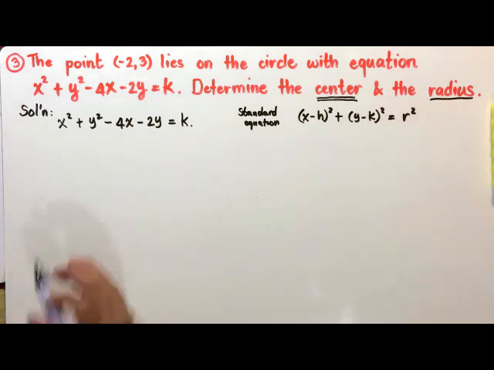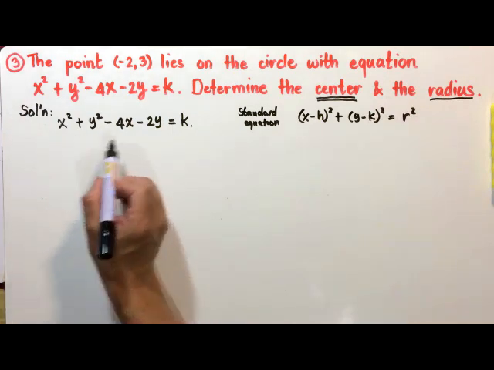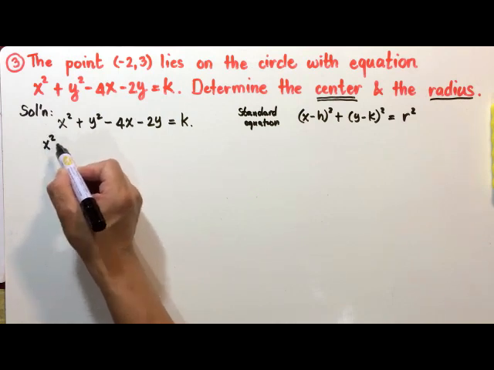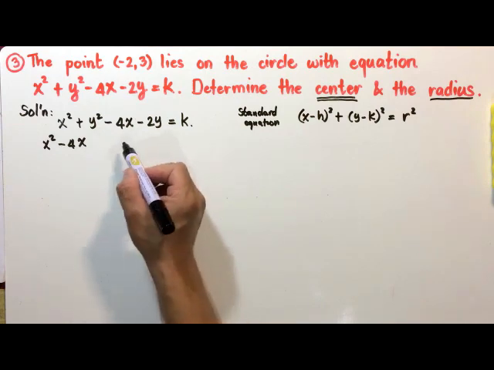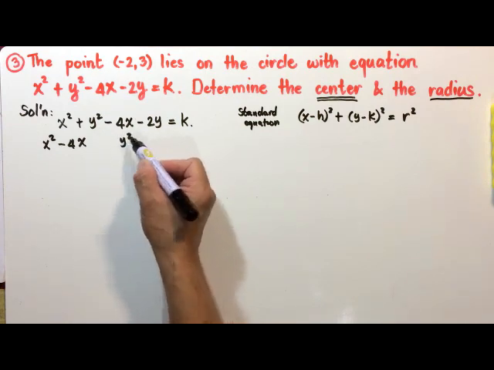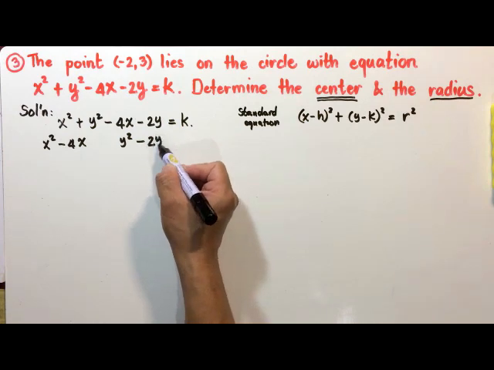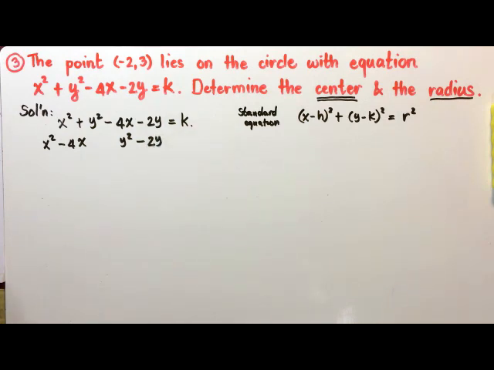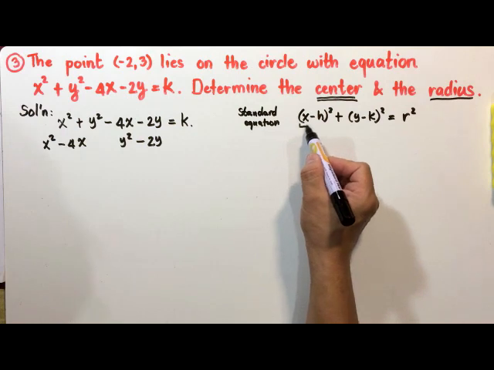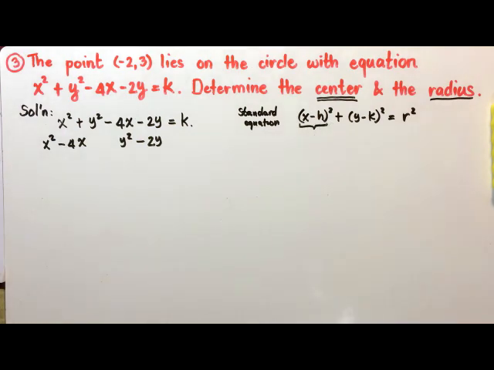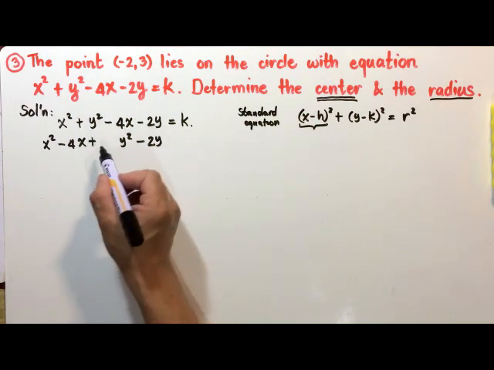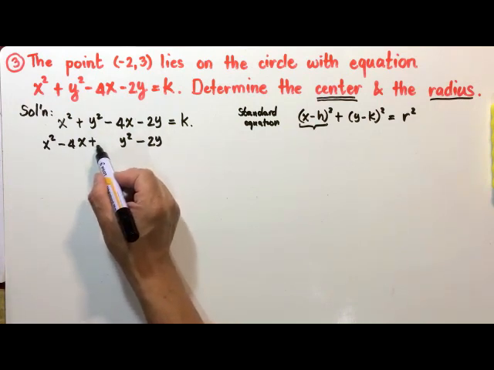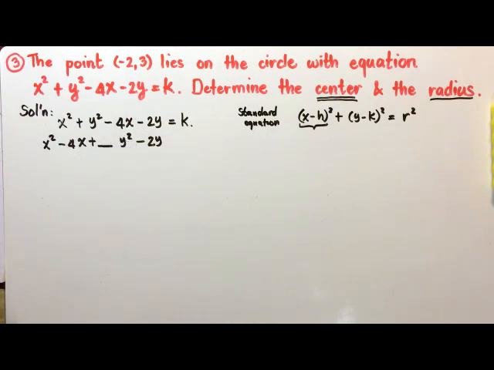So what will I do here? I will group all the terms having x. So x squared minus 4x here, group them. And then I also group the terms having y. So y squared minus 2y there. However, I need to have a square for your x. So what I will do is complete this one to become a perfect square trinomial. So I need to add something which I don't know yet.